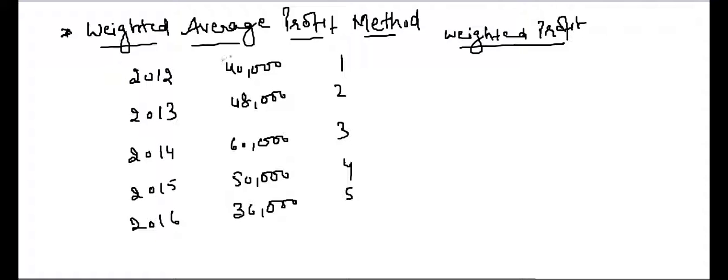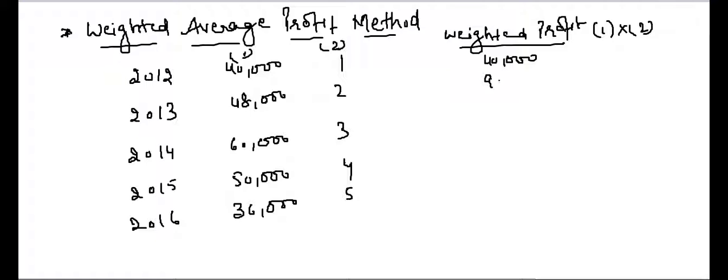If I say this is 1 and this is 2, I'll calculate weighted profit as 1 multiplied by 2, that is profits multiplied by weights. According to the weights assigned, we'll calculate the profits.